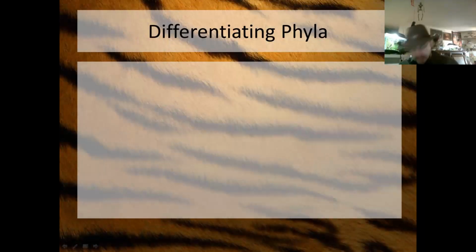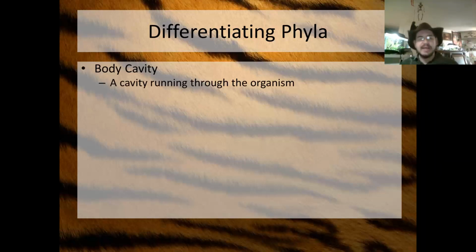All right, now that we've talked about jellyfish, it's time to talk about a new feature in differentiating amongst the phylum. So now we're going to talk about the body cavity. A body cavity is a cavity or a hollow space inside an organism.